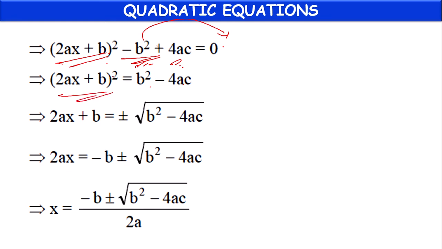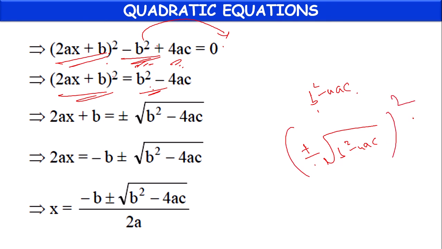So we have a square root here. Already I have told, if we have b square minus 4ac, we can keep the root, we can keep plus or minus, and we can take whole square. Its value does not change. After writing like this, the square and root both get cancelled. So we will have 2ax plus b equal to plus or minus root of b square minus 4ac.